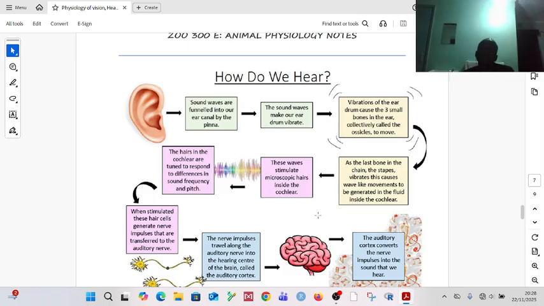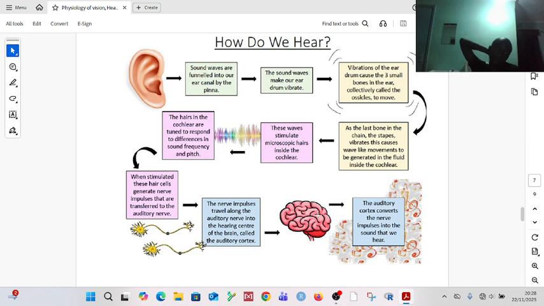I hope it is clear how hearing happens, from the point where there is a vibration in the environment to the point where that impulse reaches the hearing center of your brain, so that you can identify, you can recognize that particular sound.